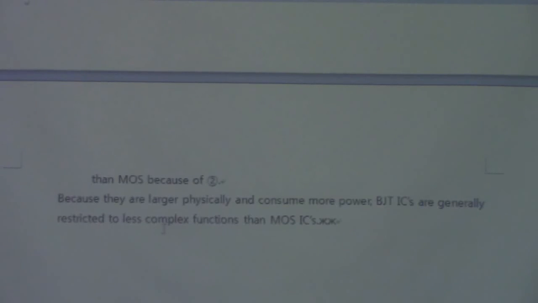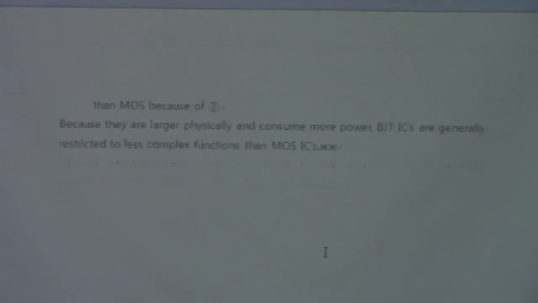Of course, we have a lot of beta values. Because they are larger physically and consume more power, bipolar ICs are generally restricted to less complex functions than MOS ICs, especially for the integration of the transistors. Nobody is using bipolar for that.